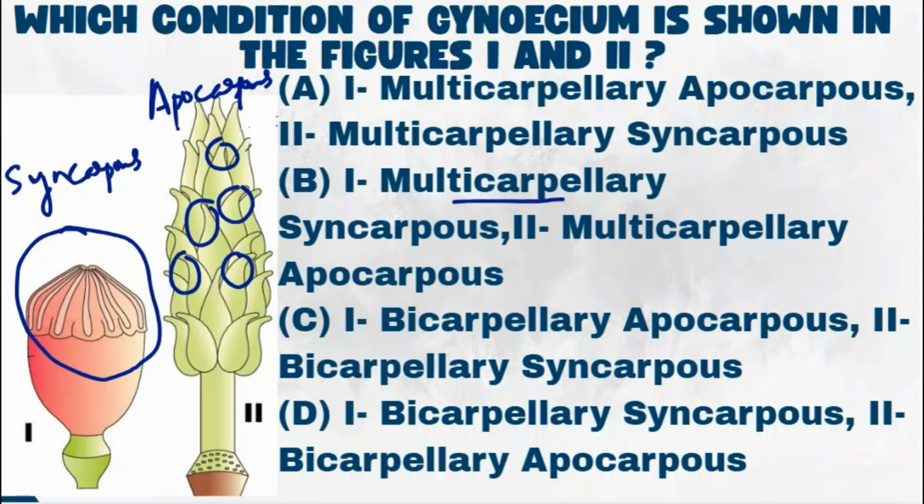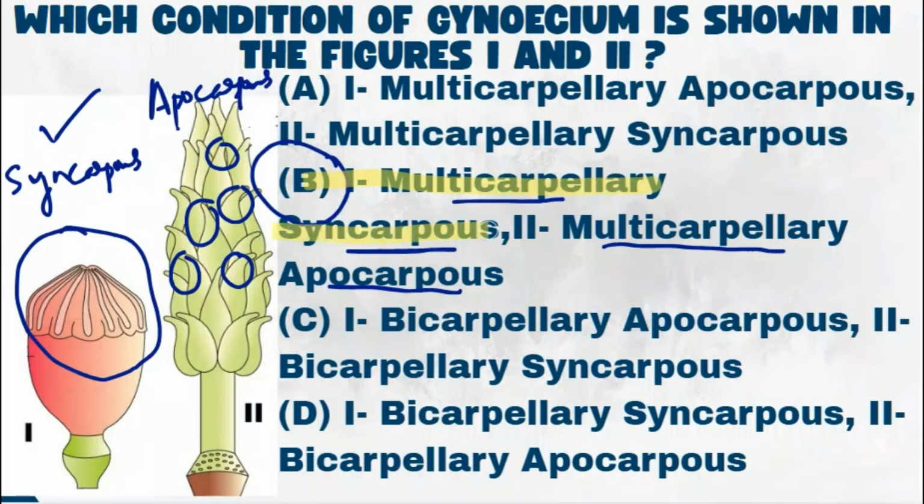Figure 1 is multicarpellary syncarpous and Figure 2 is multicarpellary apocarpous. So the answer is option B. Option B is the correct answer: Figure 1 multicarpellary syncarpous, Figure 2 multicarpellary apocarpous.